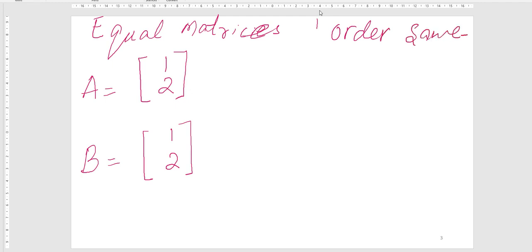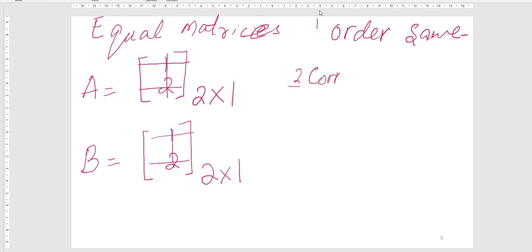What does order mean? This has one row, a second row, so there are two rows, and one column. Similarly, the other has one row, a second row, and one column, so the order is the same. Both conditions should be satisfied. And the second is that their corresponding entries should be the same.